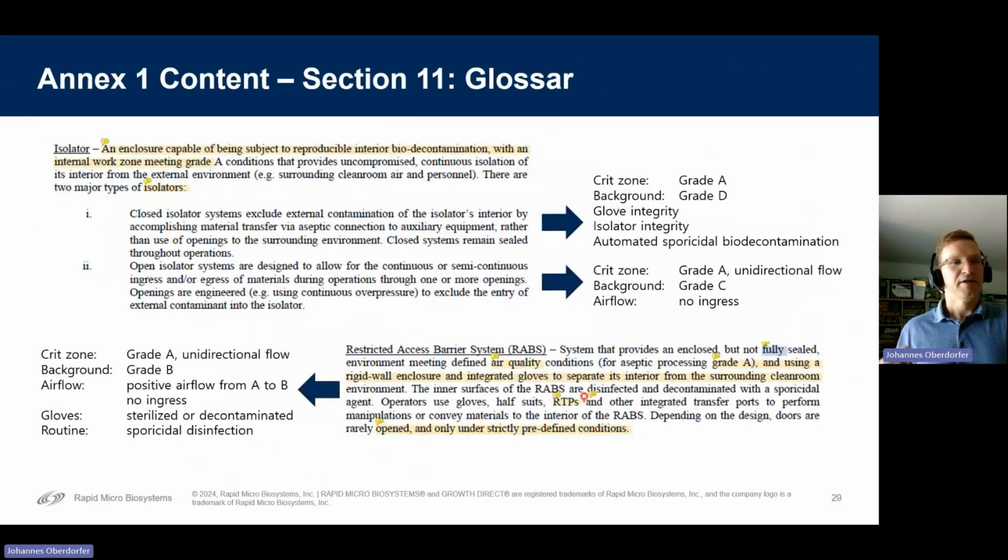And then also in the closer section, we have a bit more detailed explanation about the closed and open isolators and the RABS. And clearly the guidance is towards having the isolator system and not introducing RABS, and these technologies require justification for why you are using them. So this is a high emphasis within the Annex 1.